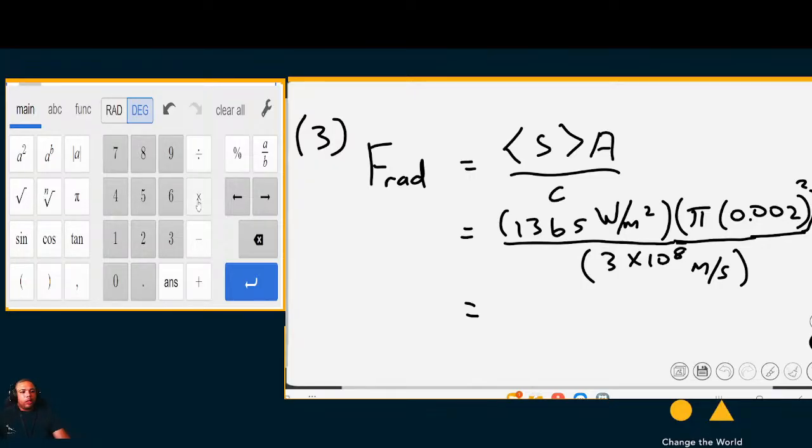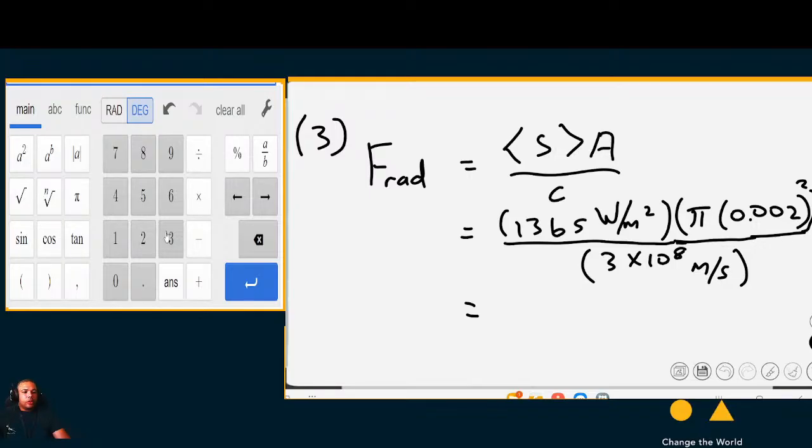And it's multiplied by pi, and then multiplied again by 0.02 squared, and then all of that over 3 times 10 to the 8 meters per second.